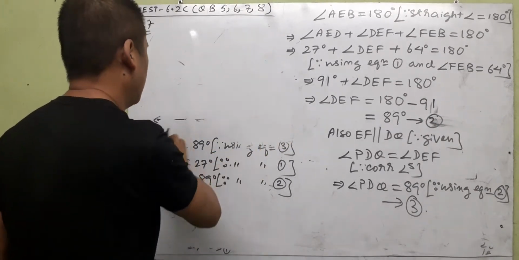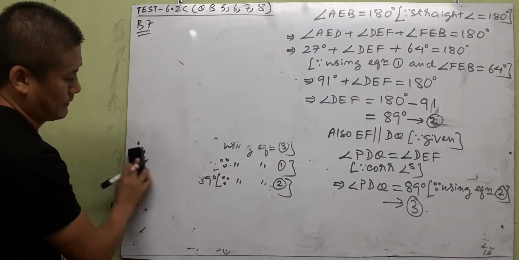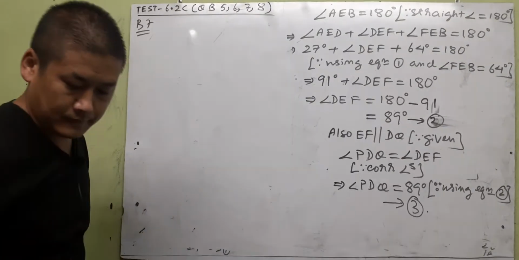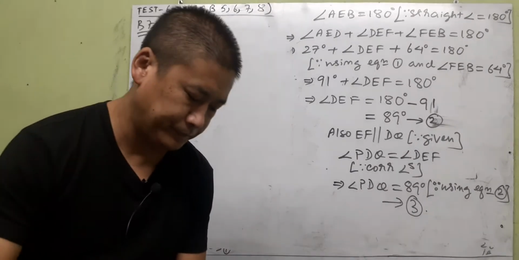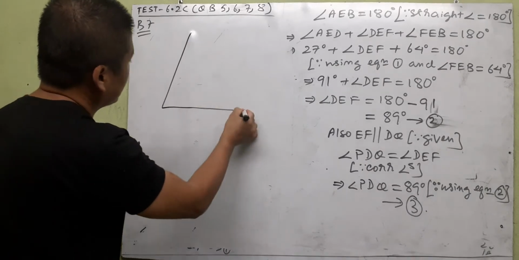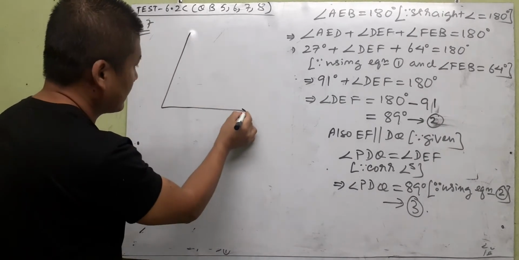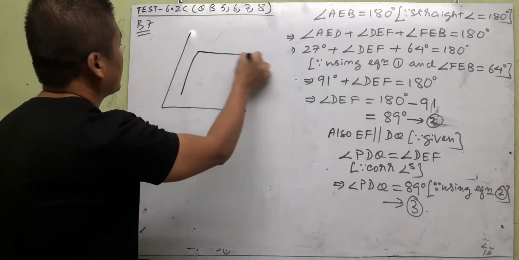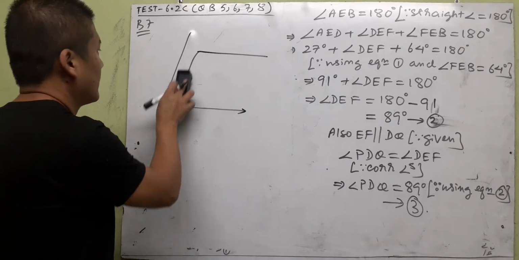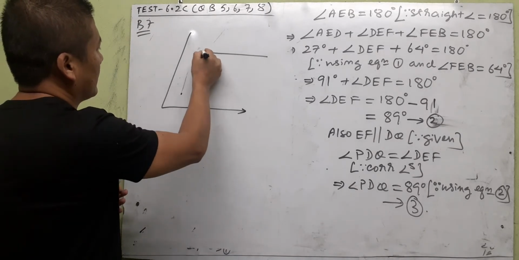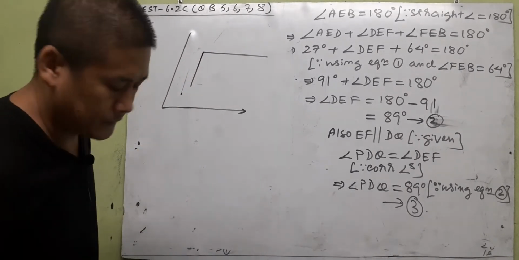Okay, so here let us draw the diagram first. Something like this is given to us, like this, and then another line here. A diagram of this sort is given to us.